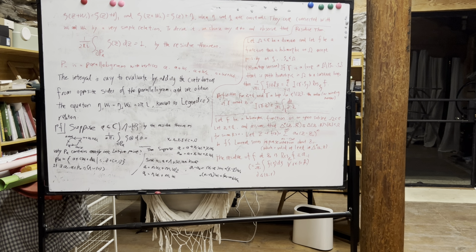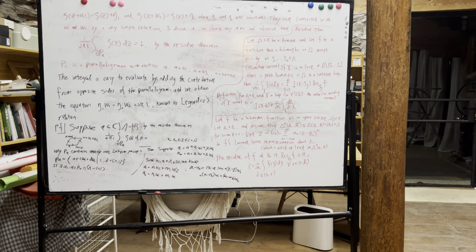So if I have the basis, omega 1, omega 2 forms the basis of C, and they are linearly independent, right?